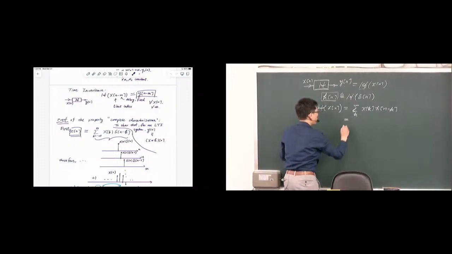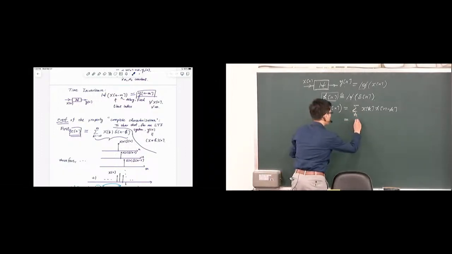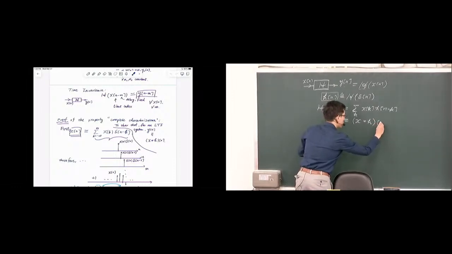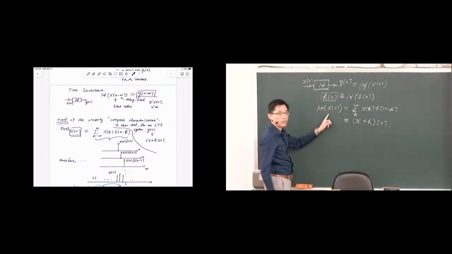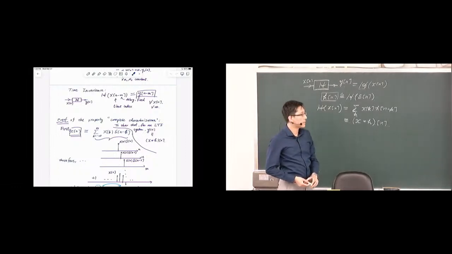As you may notice, this is a convolution of two sequences. This is exactly equal to the convolution of x with h. And I emphasized that the result of convolution is also a sequence in time, which is our output. So that's where we were last time.